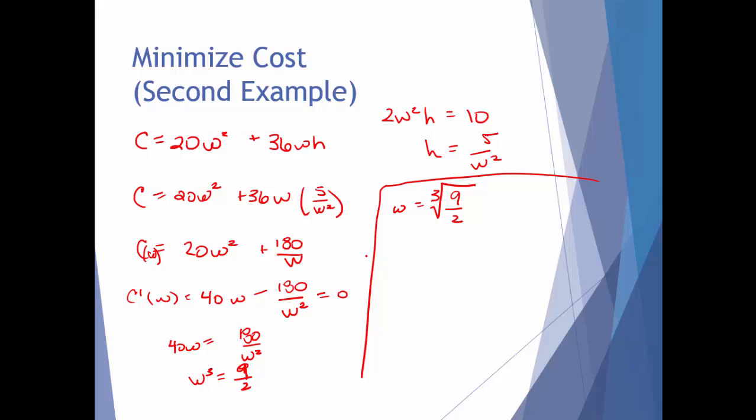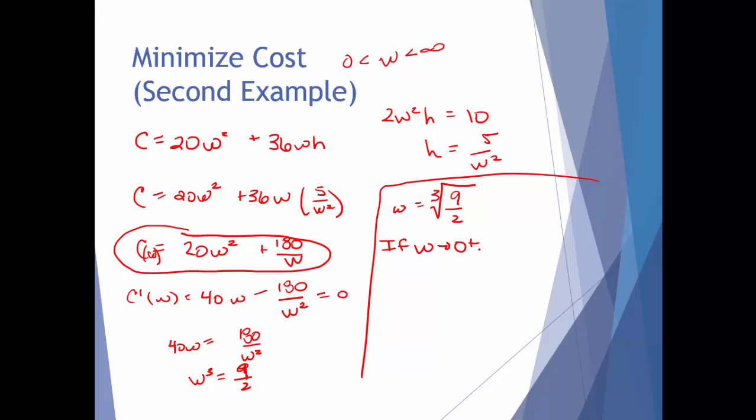As far as domain, I didn't really mention it, but W can't possibly be negative because it's a physical representation. And in theory, this could go all the way up to infinity, but this is pretty much the same argument we just made for the previous example. If you let W approach the smaller endpoint, 0, the first term goes to 0, but the second term goes to infinity.